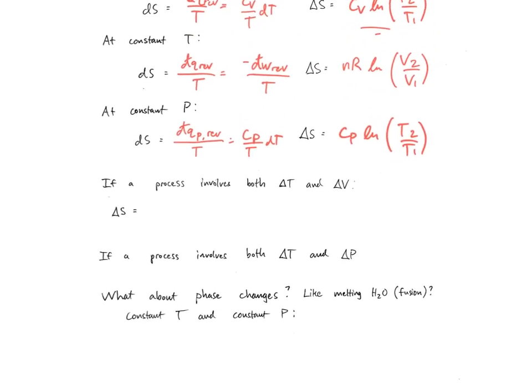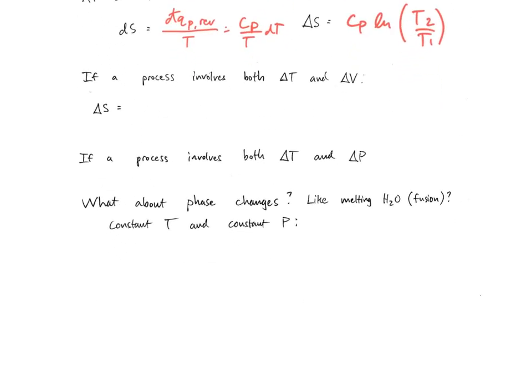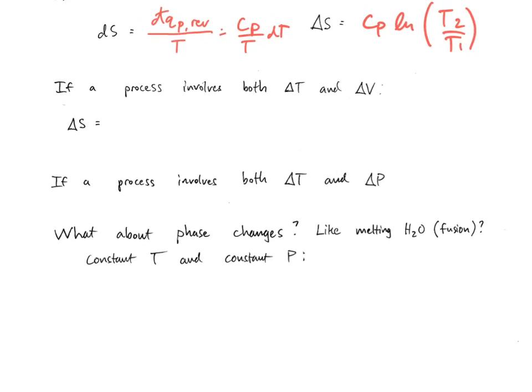And if you combine these together, if we've got a process that involves both a change in temperature and a change in volume, then you can just add them together, because it is a state function after all. So delta S just becomes nR log V2 over V1 plus CV log T2 over T1.